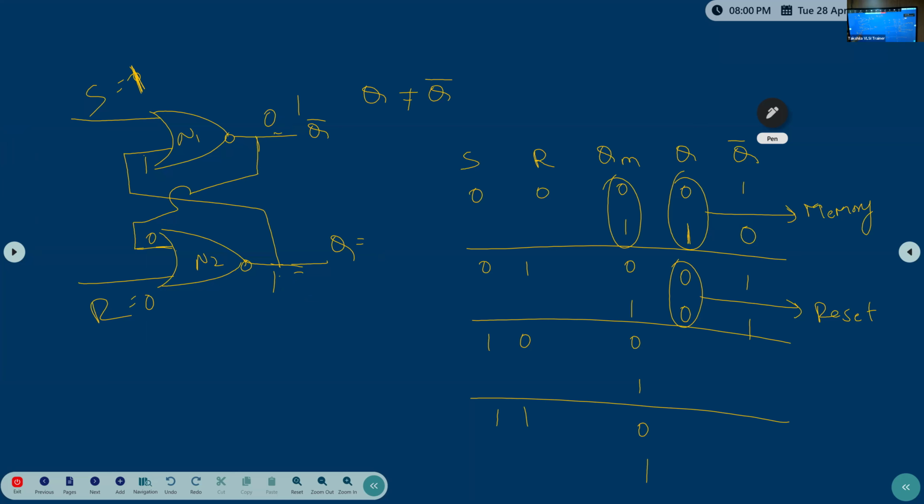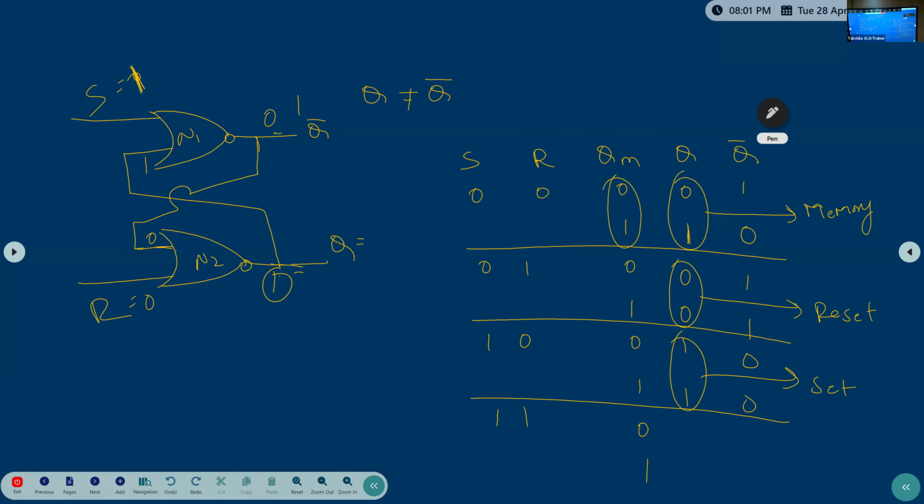So Q becomes 1, right? Either memory is 0 or memory is 1, if S equal to 1, output will be 1. This is called the set case. Set means you are setting the value to the memory element. Resetting makes it 0, so setting makes it 1.